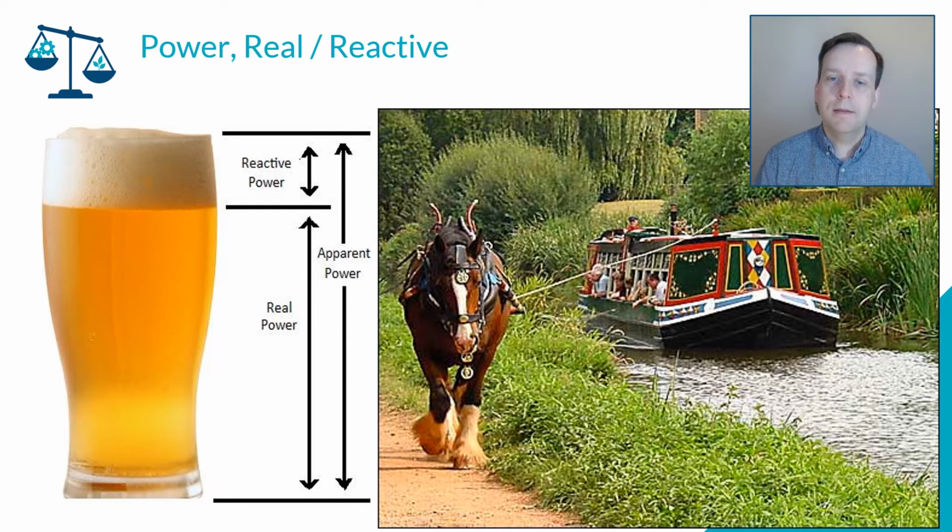Bit laboured, but it's just important to understand, particularly if you are in a factory with significant machinery, conveyor belts, blowers, compressors, that you probably have significant reactive power, and that is affecting or directly related to the total apparent power you are drawing from the electrical network.